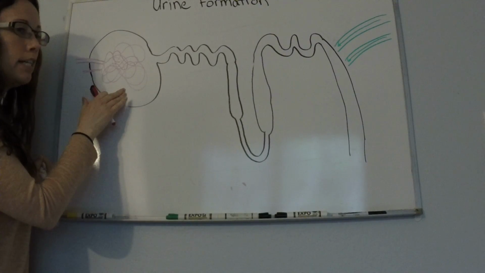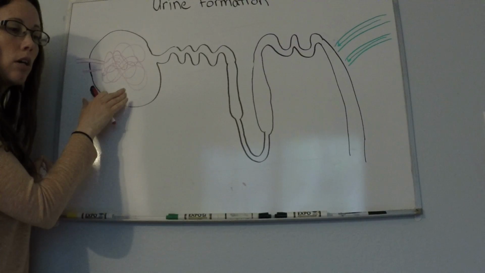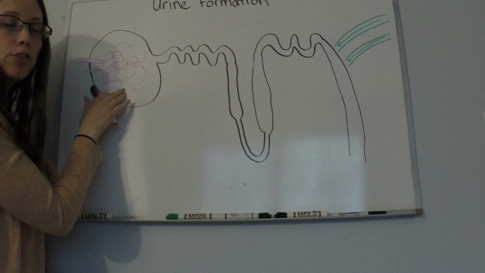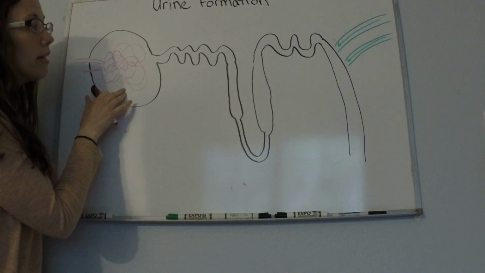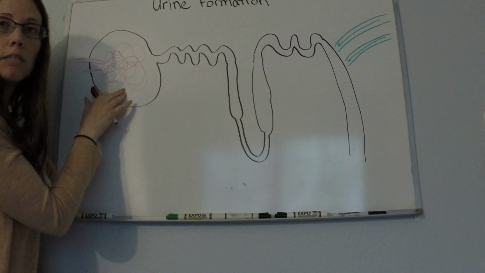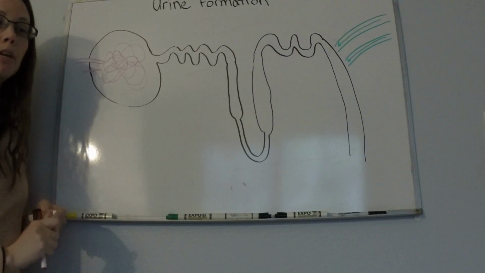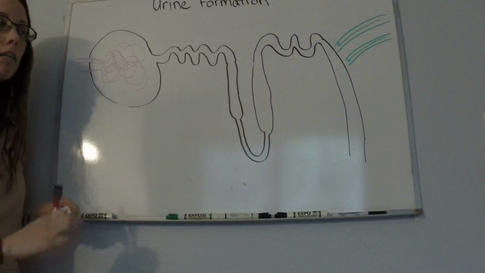So pretty much in here, our urine is not technically called urine yet. It is called filtrate. And it's essentially the same composition as plasma. So you've got your water, your ions, your vitamins, your amino acids, your fatty acids.